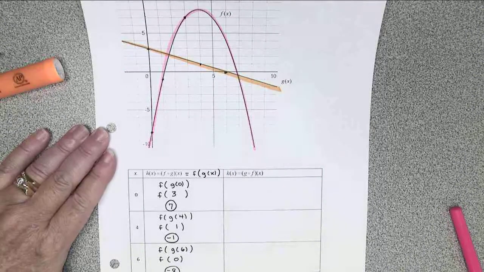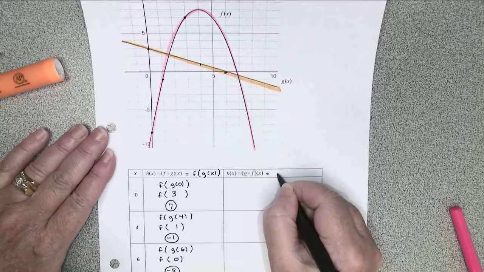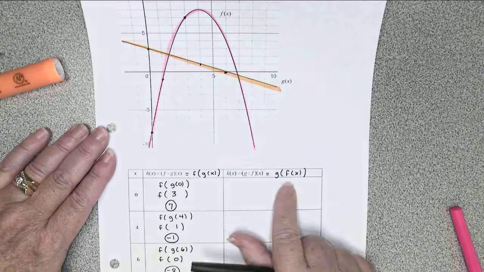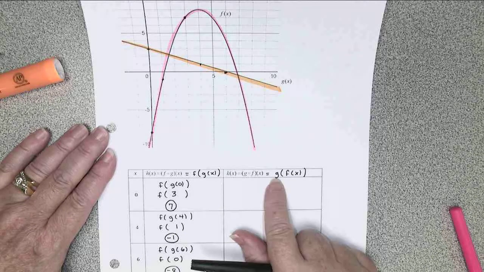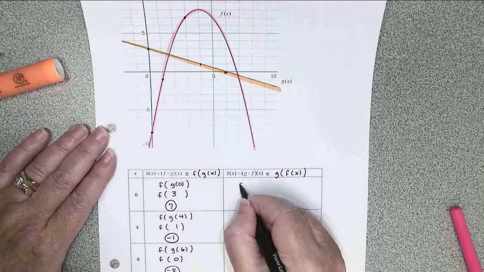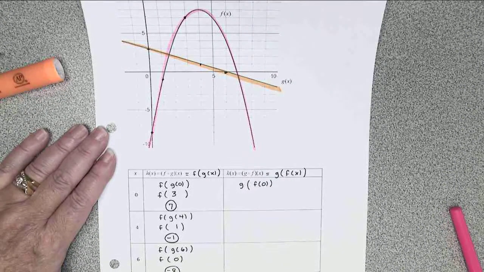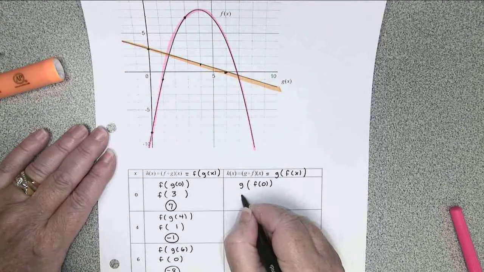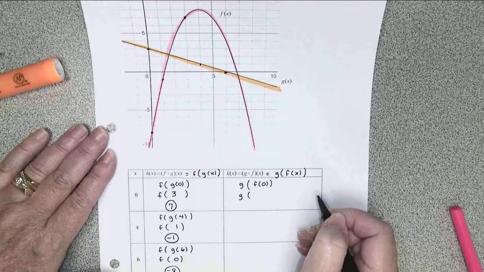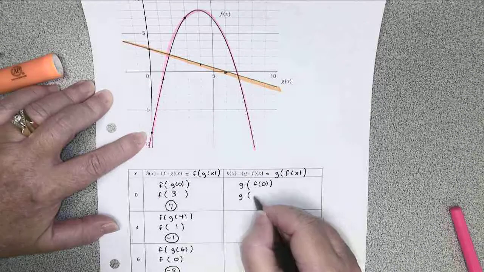Let's go the other way. K of x is g of f of x, which I can write like this. So notice this time I'm going to be doing the f first, and then the g. And once again, I'm going to start with 0. G of f of 0 would be g of, let's see, f of 0 is our negative 8.